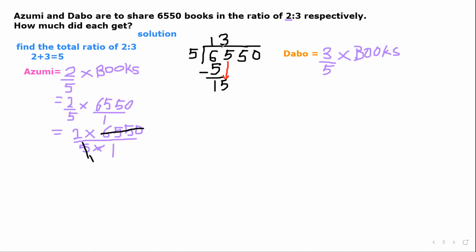So in order to confirm, use the 3 to multiply the 5 and subtract it from this 15. So 3 times 5 will give you 15. And then you subtract. Here is 0 and here is 0. Okay, good.